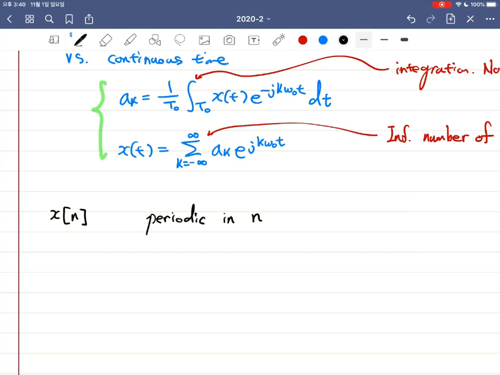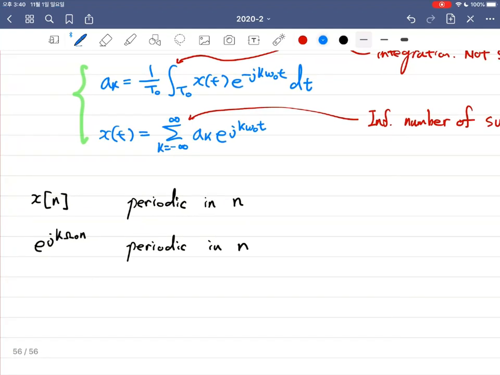And also this basic signal, the complex exponential, is also periodic with respect to n. These are true for both continuous time and discrete time, because we set up the whole thing about this Fourier series like this.